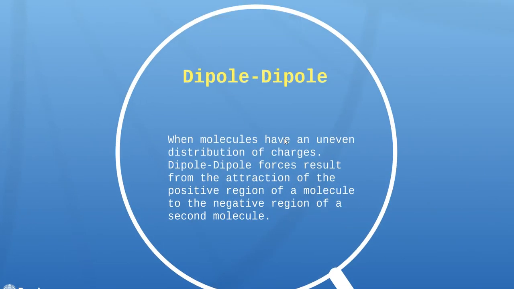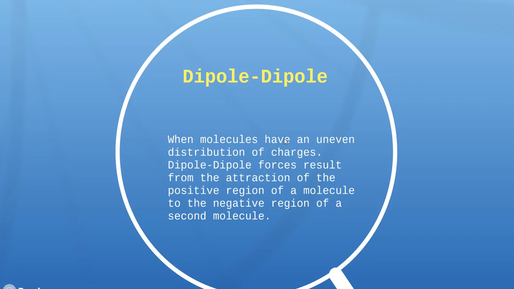So we're opening this one up, and this is our more basic idea. The first force we're going to go over is one of the stronger ones, and it's going to be a dipole-dipole force. This is when we have polar molecules. What happens with the polar molecules is that whichever side has a negative end and which side has a positive end, those are going to interact with each other, kind of similar to magnets.